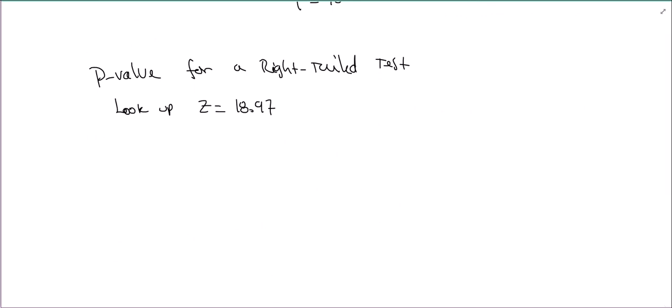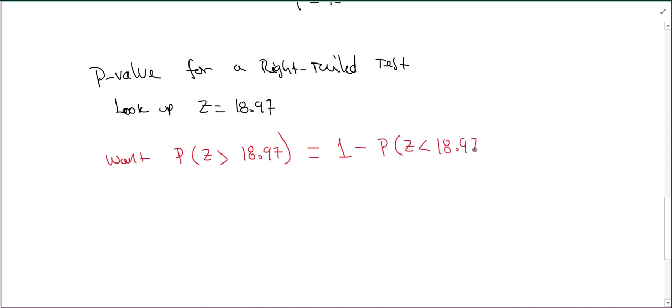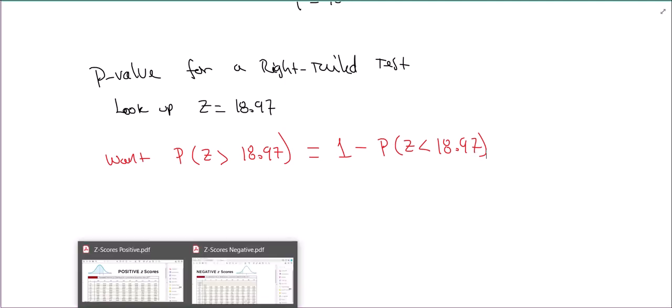Because this is a right-tail test, we want the probability that Z is greater than 18.97. But our table always gives us the area to the left, so this is 1 minus the probability that Z is less than 18.97.